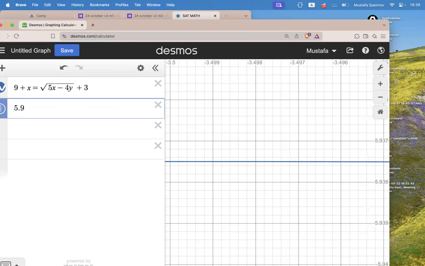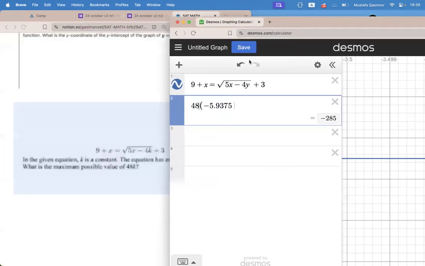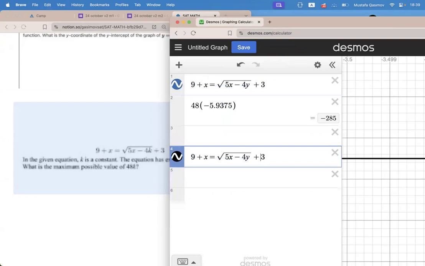No, we must look, it is y value. So it will be something like here, 9375, and negative. Then multiply it by 48, then you will get answer. Negative 285. But also let's use, let's say paper method.